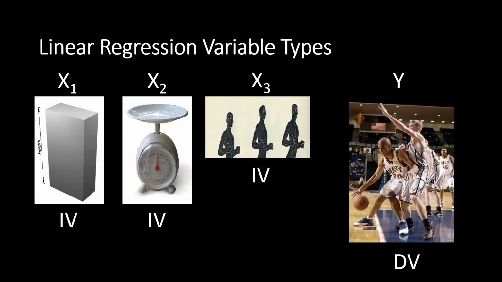So let's say, for example, we are looking to create a model through the utilization of the linear regression methodology, which might potentially predict the number of points that a basketball player might score in a season.